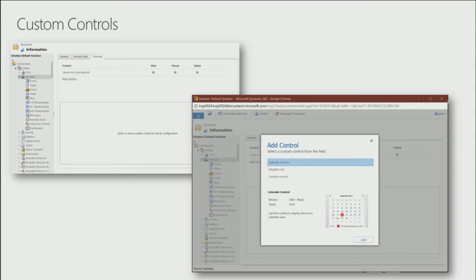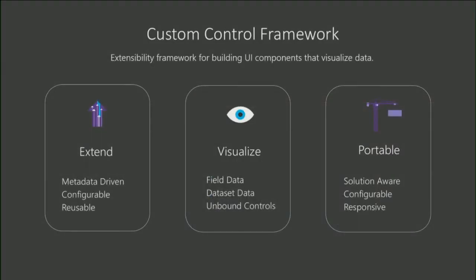But an ISV could create a very specific calendar with drag and drop functionality that is specific for field service, let's say. And they could publish this out into the market. These are things we're looking to have ISVs build out more and more, so that all you have to do is go out there, grab the control, and pull it in, and have it show up on web and mobile. That's a vision. That's not in this current release, but that's what we're thinking.